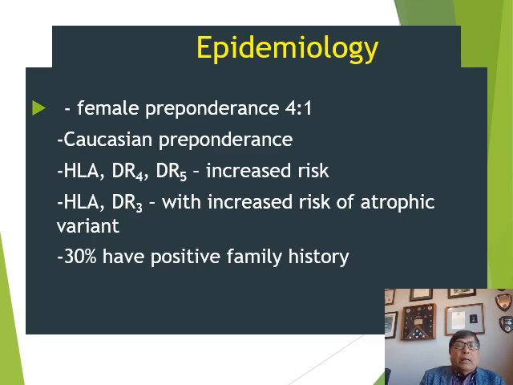And about 1/3 of the patients who present to your clinic may have a family history. That means somebody in the family, mostly a female member of the family, may have autoimmune thyroiditis. And interestingly, that does not have to be chronic lymphocytic thyroiditis, but it could be Graves' disease also.